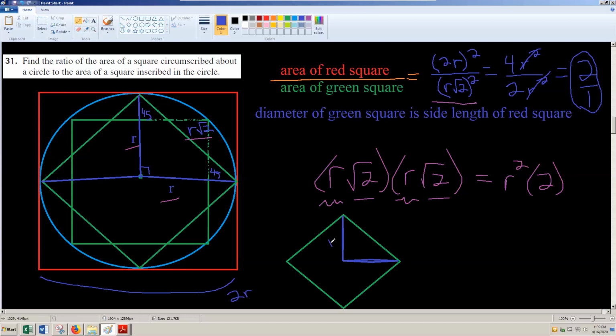I know this is a 90 because the square is being split into fourths, so what's this side length here? Well, this is a 45, 45, 90. So this is my quote unquote x value, this is my x value, and this is my x root 2. If my x value is r, then this turns into r root 2. Oh, okay. Good question.